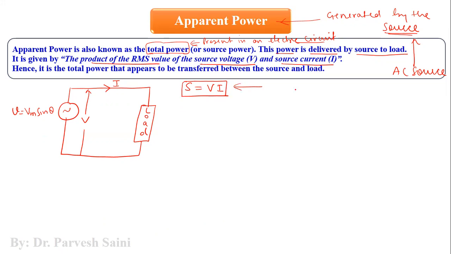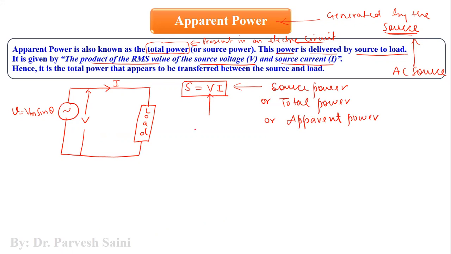This power is also known as source power or total power or apparent power, which is already written in this slide.